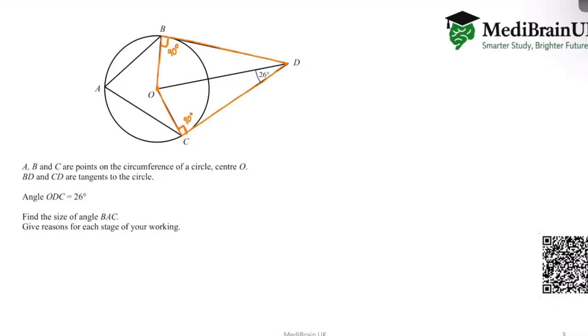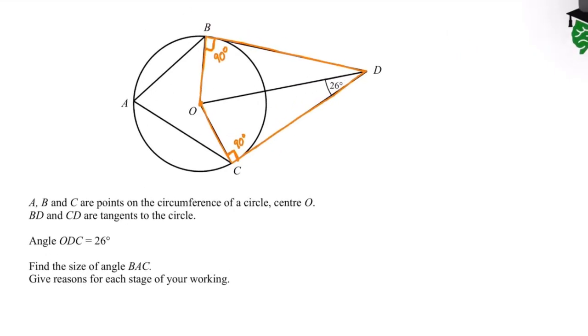Then it says over here, we know that this is 26 degrees and we have a line which is going to the center. Now again, you have to spot the rule that is going on over here. It says this is 26 degrees, and if we think about it, it's symmetrical. We've got a 90-degree angle which is formed here and a 90-degree angle which is formed here.